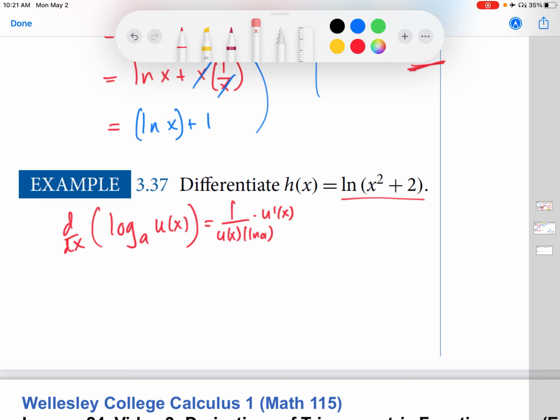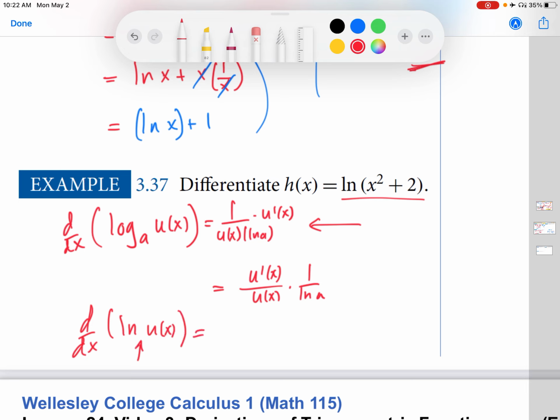One thing I want to say about this rule is that in the way that I've written it, just because this is the way it popped out of the chain rule, it looks a little clunky. So let me rewrite it in a different way that looks a little nicer. There we go. Why does this look nicer? Well, first of all, if I am looking at the natural log of a function u of x, remember this means that the hidden base here is e, and because ln of e is 1, the 1 over ln of a here goes away because it becomes 1 over ln of e, which is 1 over 1, which is 1.